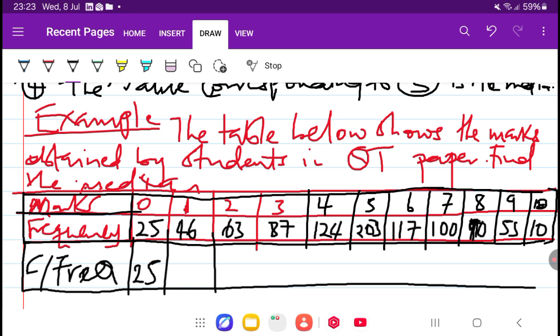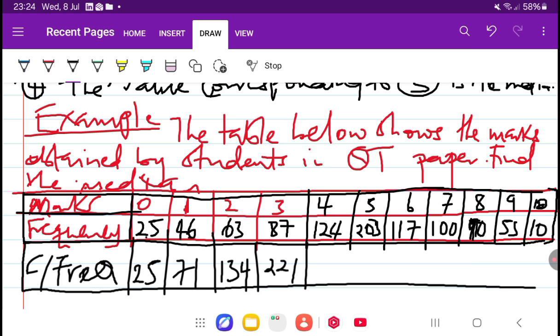Then 25 plus 46. We add this first one to this one. This will give you 71. 71 plus 63, it gives you 134. 134 plus 87, that gives you 221.